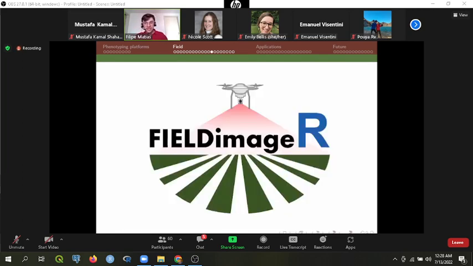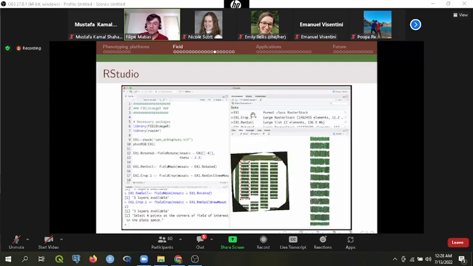The first part of BisonFly is the FieldImageR pipeline. Basically, we're going to use RStudio, and here is going to be the code, and we're going to communicate with the software using this plot region when necessary.